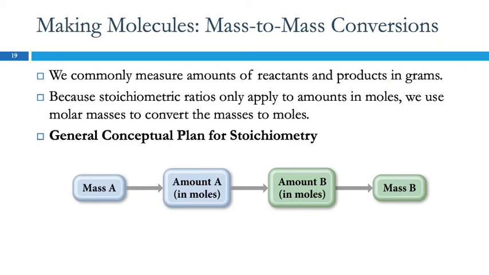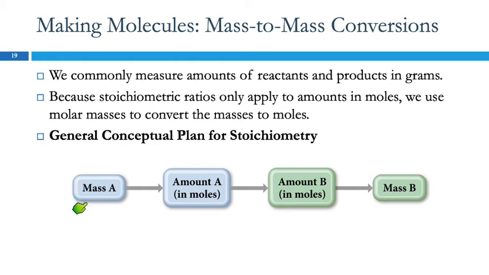Of course, we don't measure things in moles because, well, you can't. We measure things in grams a lot. But we've learned how to convert grams to moles and moles to grams, right? So we can combine using molar masses with what we just learned about that mole ratio from the equation. And this gets us what could be referred to as a general conceptual plan for stoichiometry.